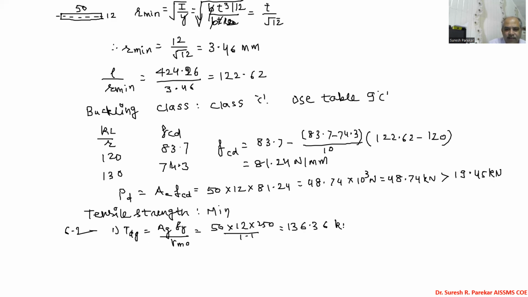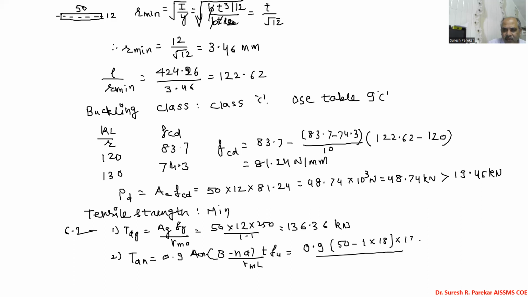136.36 kilonewton. If we go to the second, Tdn, that is 0.9 into Anc, and Anc we will take as b minus nd into t, fu upon gamma m1. From this we will get 0.9, b we have 50 minus we have 1 bolt of 16, so 18, into thickness 12, fu 410 upon we have 1.25, and we have 113.36.